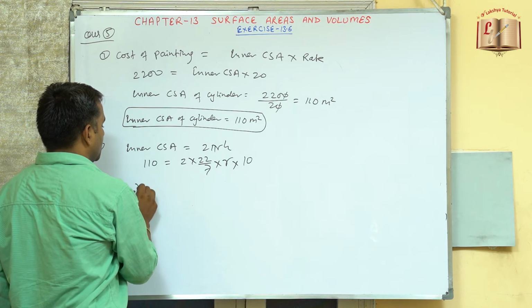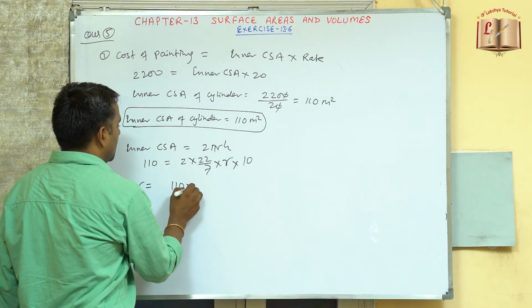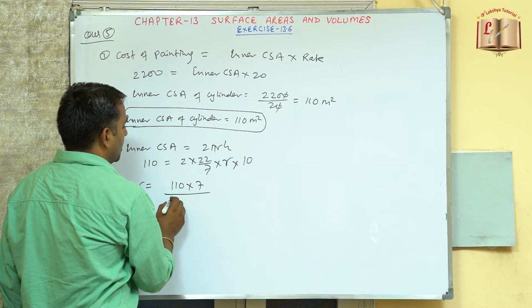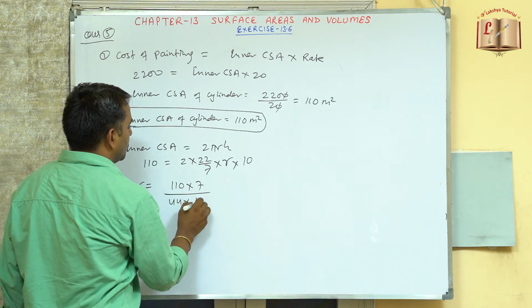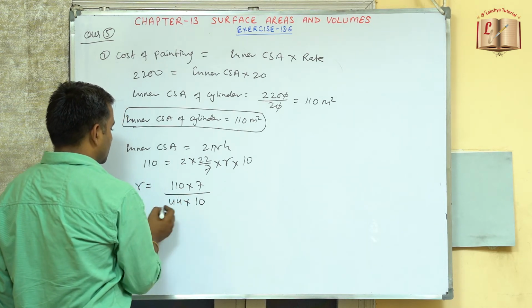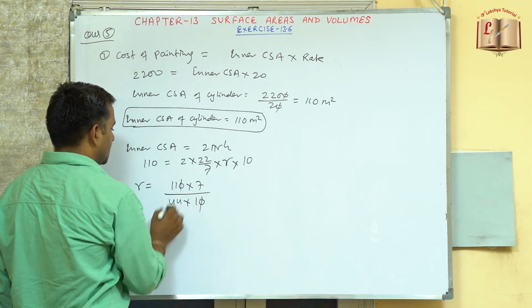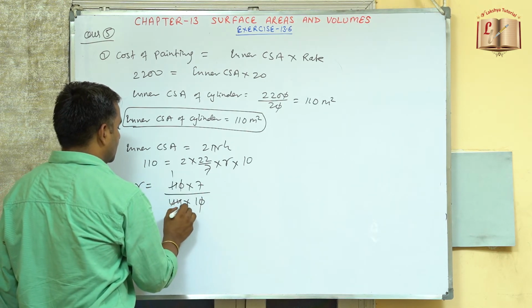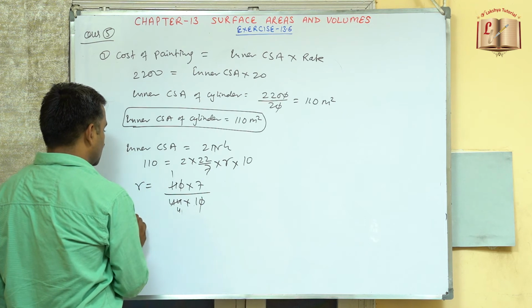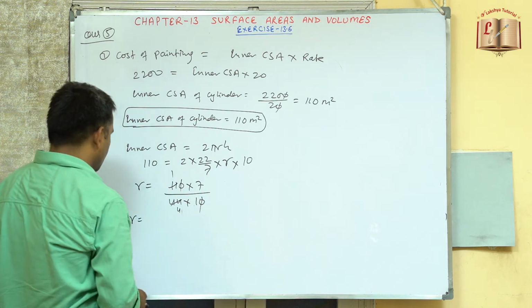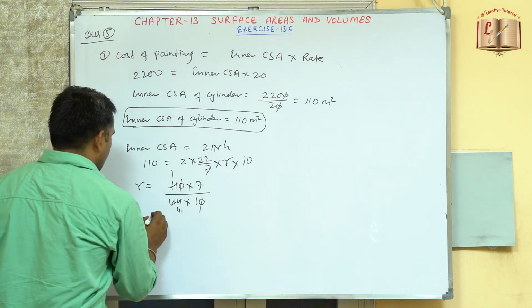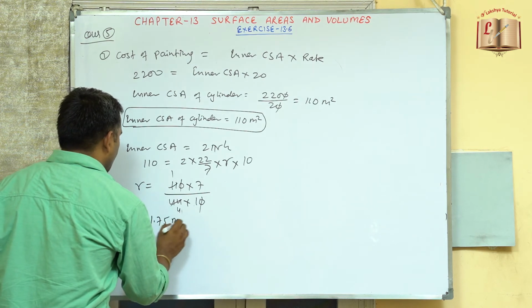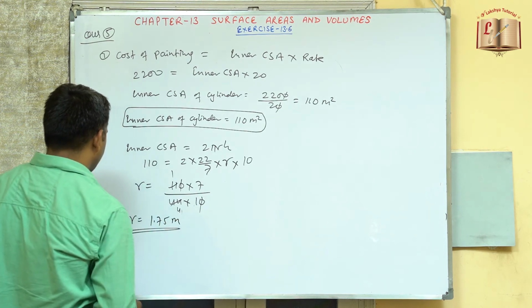So R will be equals to 110 into 7 divided by 44 into 10. So this 0 got cancels, 11 1, 11 4 times. So this is now 7 by 4. So this will give you 1.75 meters. So we got the inner radius also.